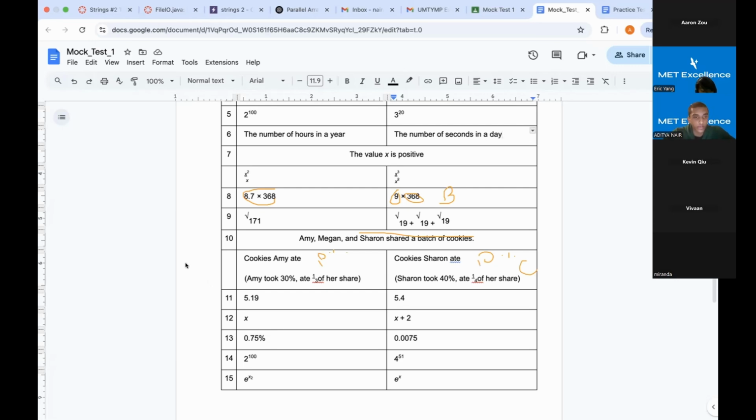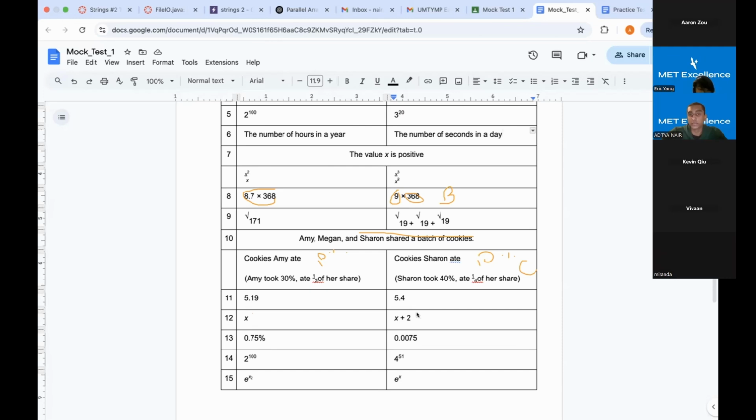And then moving on to here, where we have x and then x plus 2. In this case, you might at first glance think that B is going to be bigger, but keep in mind that that's only for when x is greater than 0. If x is less than 0, like let's use -2 as an example, this would be -2, and this would be 0.